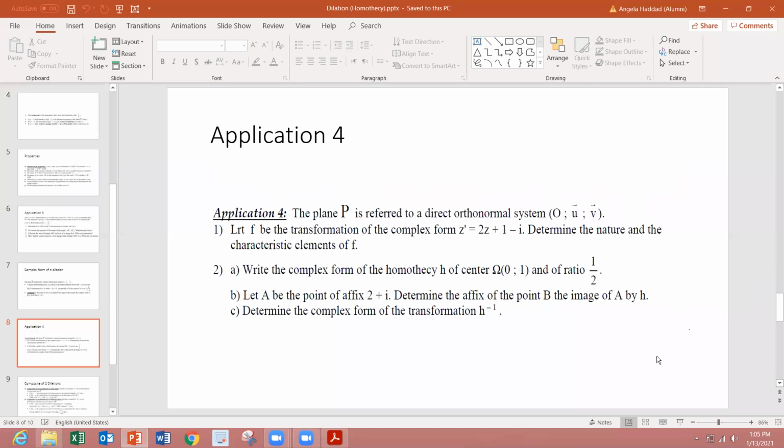Wait. Application 4. Okay. وصلنا ل 2B. واضح how to write the complex form. Z prime equals KZ plus B or AZ plus B.